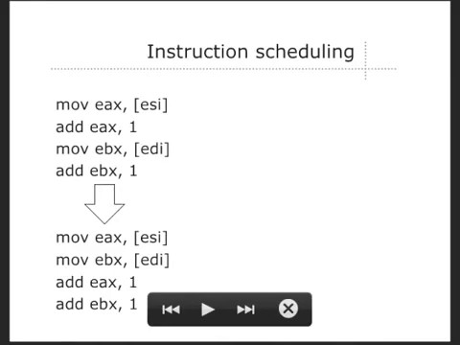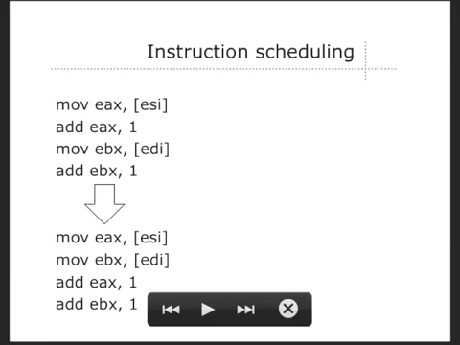Obviously, this can be done only if the instructions that you are changing the order of don't depend on each other. If you need the first instruction to calculate something and then use it in the second instruction, there's no way around it. You have to do the first instruction first. But if you're computing two things that are not dependent on each other, then you can do that in any order you want. The compiler, in that case, will choose the order that results in the fastest operation of the program.